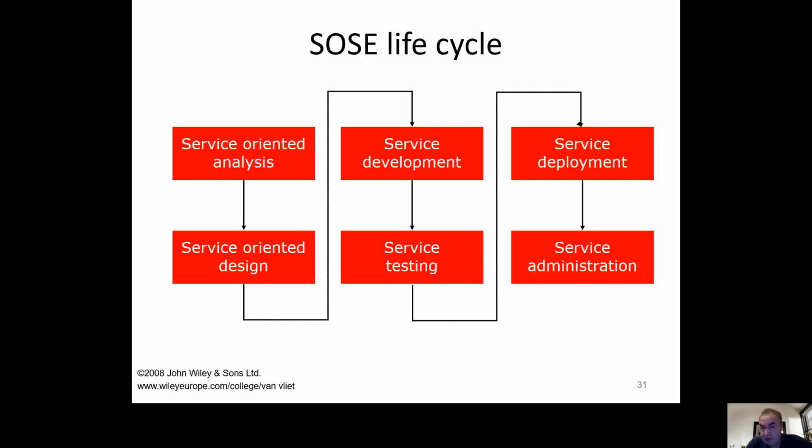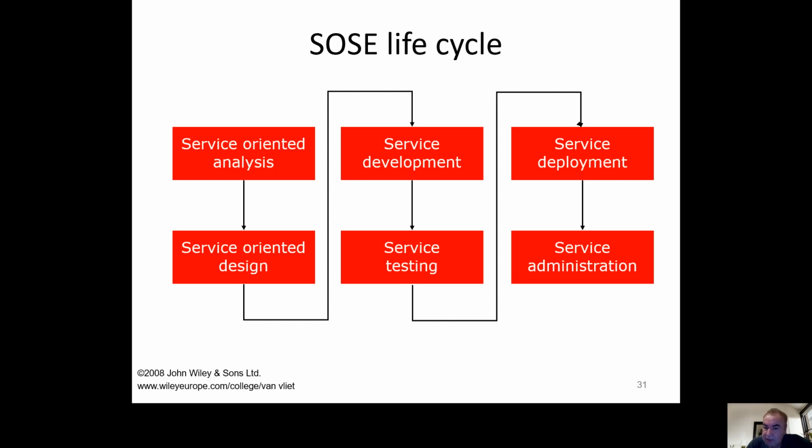So how do I do that? Now we are going to do it this way. If waterfall was requirements, then design, then implementation, then testing, then maintenance, service-oriented is this. First we call it service-oriented analysis. So I'm going to analyze to find out what's there.